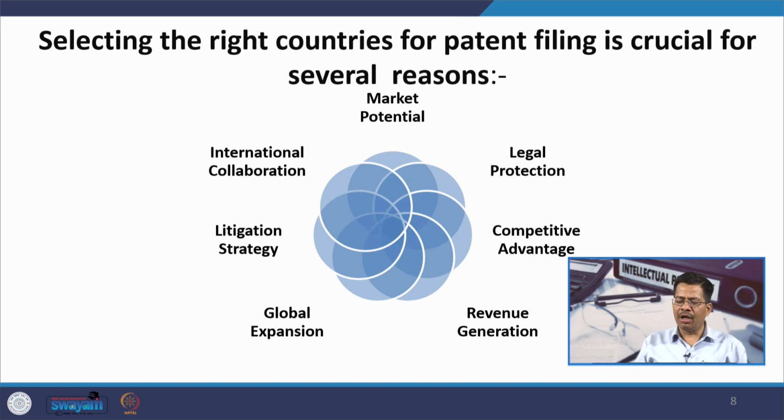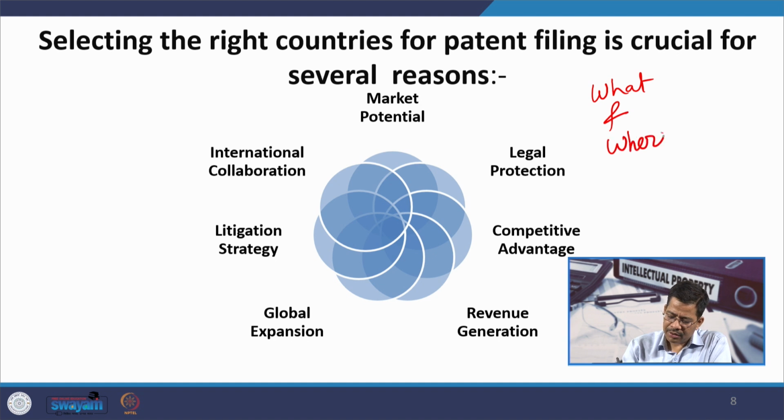So, that is the provision which is available here. And now, as we already mentioned, what are the different reasons for which you are going to make your applications in the other countries. So, we were talking of what and where. To answer that where, as we already mentioned, there has to be a significant market potential. How big is the market? In other cases, international collaboration, what type of litigation strategy.